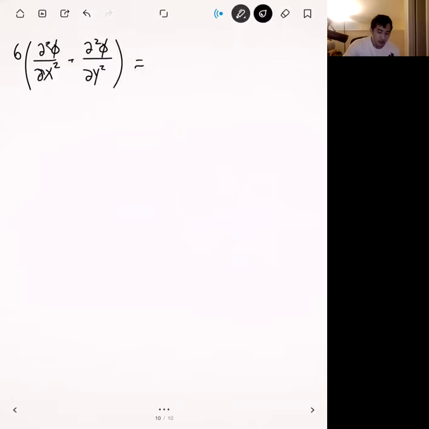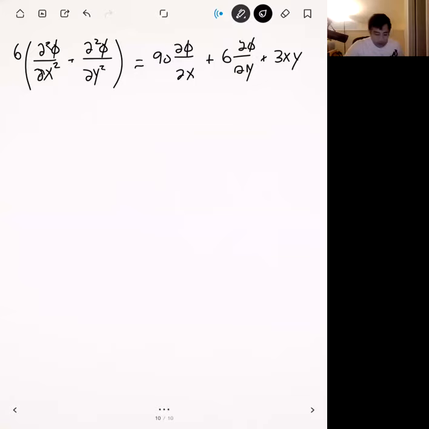Let me do something real quick. So let's see, 2 divided by 6. Let's have a convection velocity of 90 in the x direction, so we have 90 d phi dx plus a convection velocity of 6 in the y direction, plus 3xy.